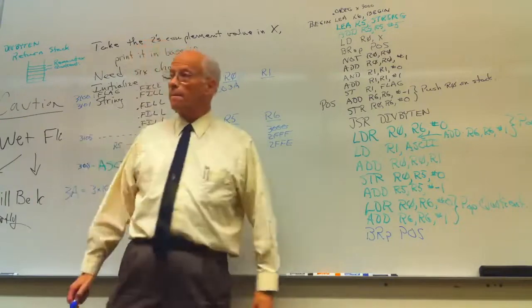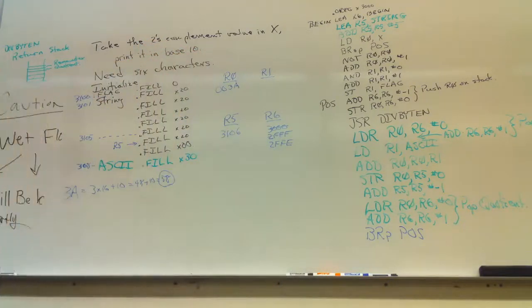Quick question. So on the LDR R0, R6, just below the subroutine, R6 is going to equal FFFE? Because the subprogram will have changed the register.